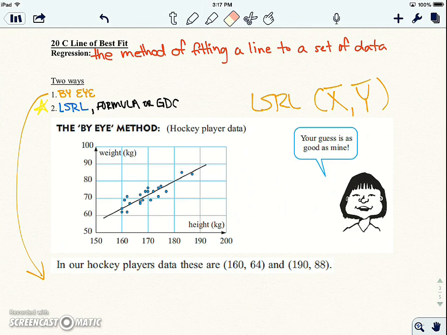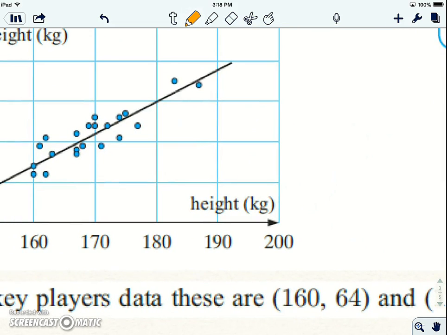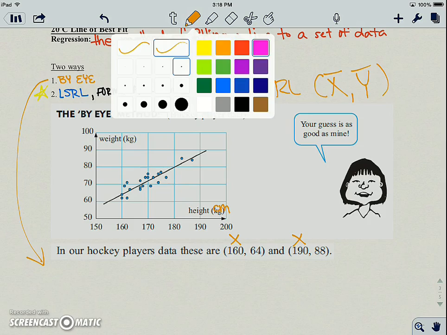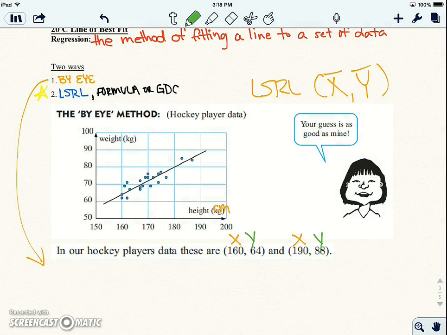So I went ahead and picked 2 hockey players. This player had a height of 160, and remember this is centimeters or meters, I have to look it up, and 64 kilograms. So this is an X value, this is an X value, this is a Y value, and a Y value, and we want to find the line of best fit.